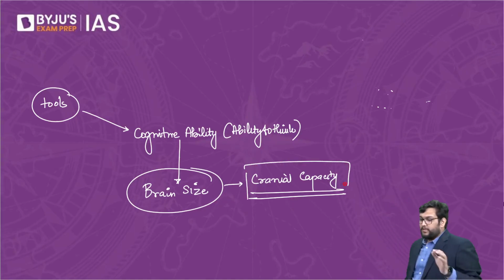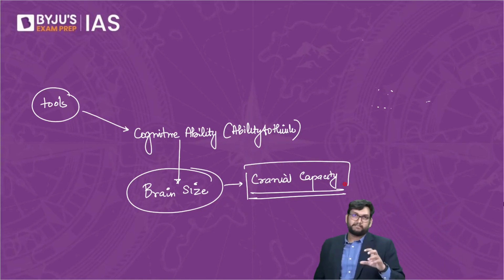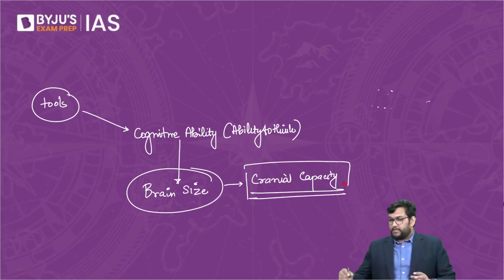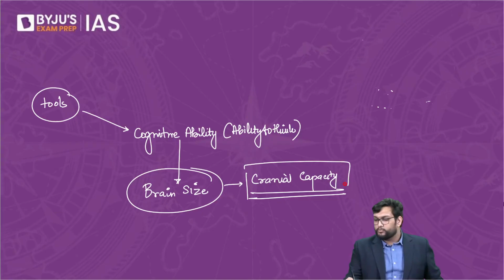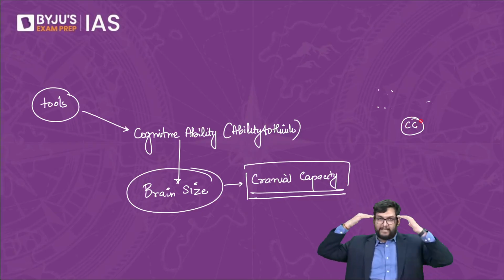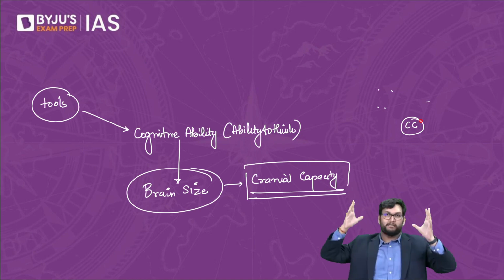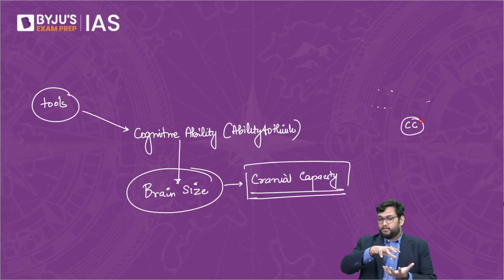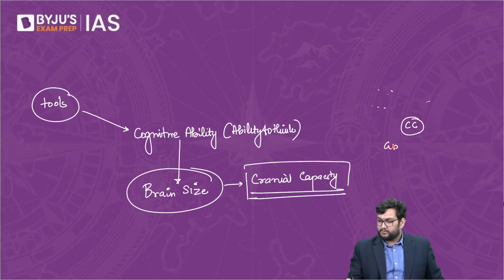Okay. Cranial capacity means how much volume you have in your head. Meaning that if I take out my skull, break it and fill it up with water, what I will get is volume, in cc, cubic centimeters.